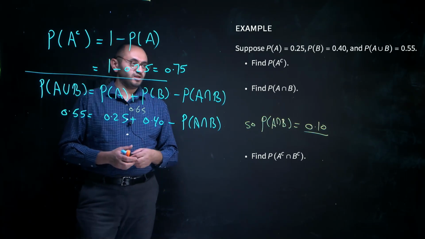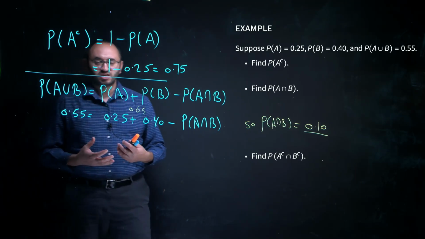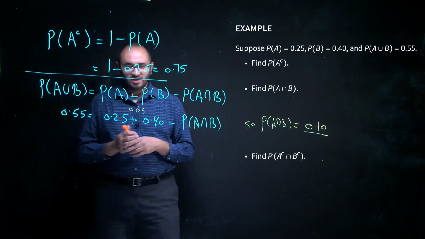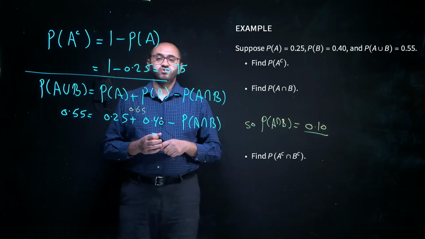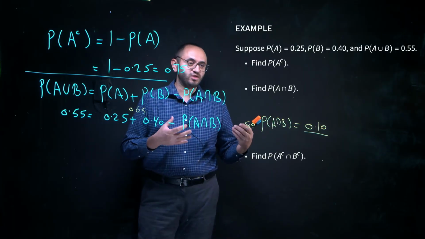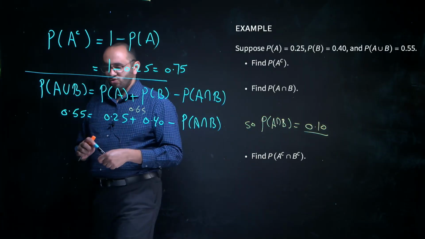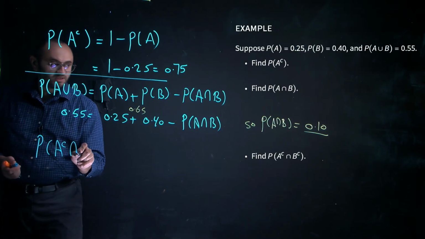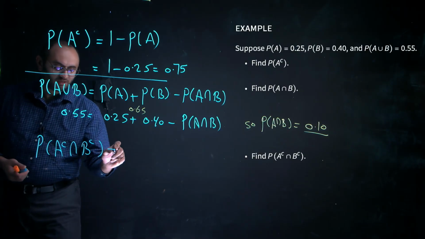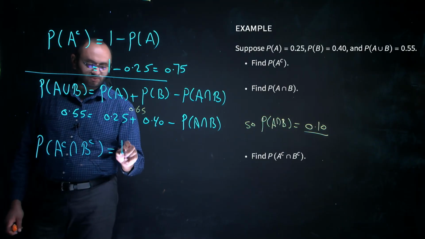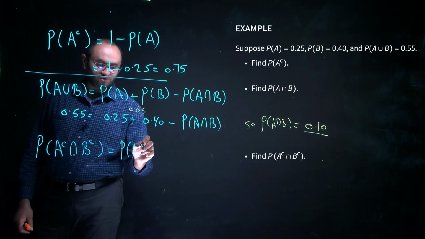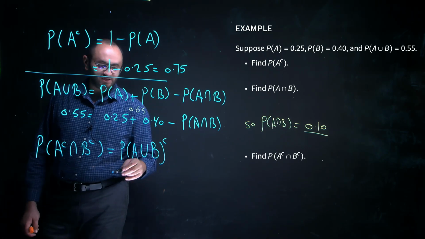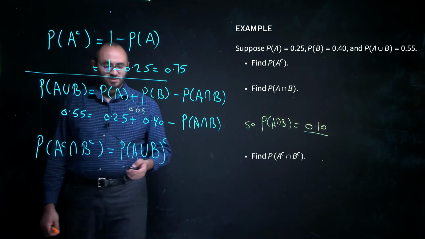All right, the third one, probability of A complement intersection B complement. Now here we have two complements, and I mentioned before, when you see two complements, think about De Morgan's law. Because probability of A complement intersection B complement, using De Morgan's law, is probability of the complement of A union B, right?